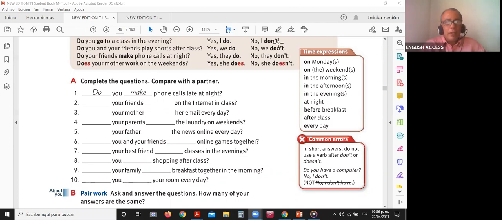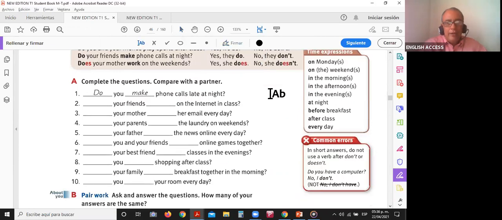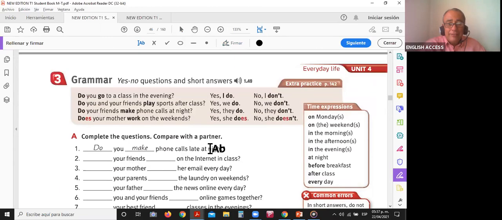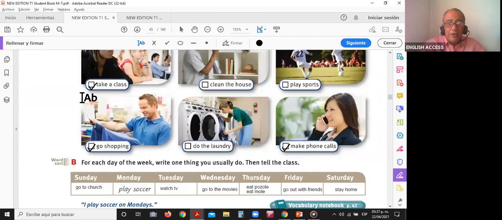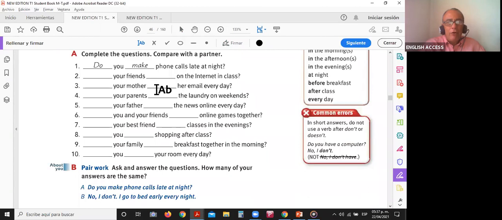Number 1 is an example. It's already done. Do you make phone calls? Remember, these activities are here. Number 2, your friends on the internet.